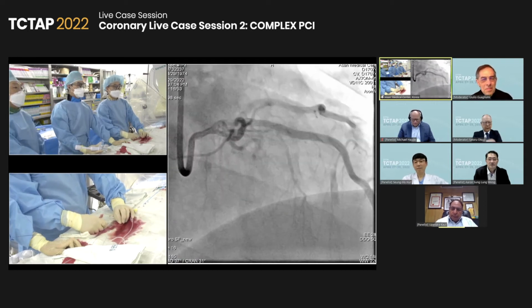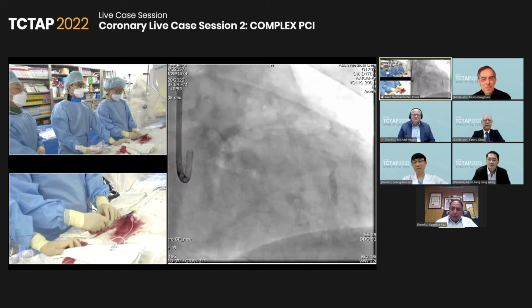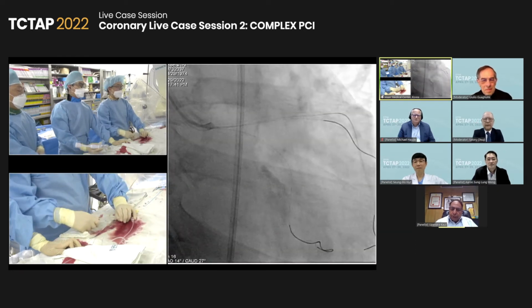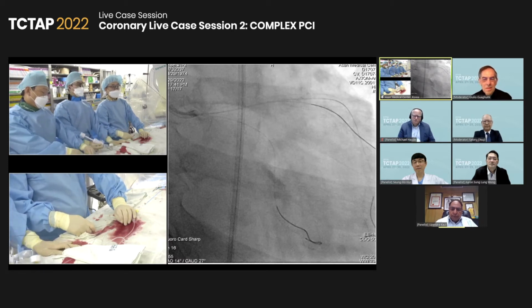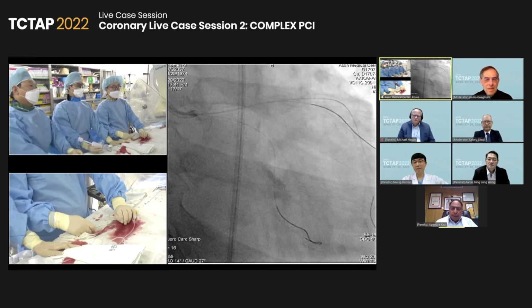So I would go with balloon dilatation, which is not going to require very high pressure dilatation, and then go with a stent, and of course, as has been done here, keep a wire in the circumflex from the beginning.